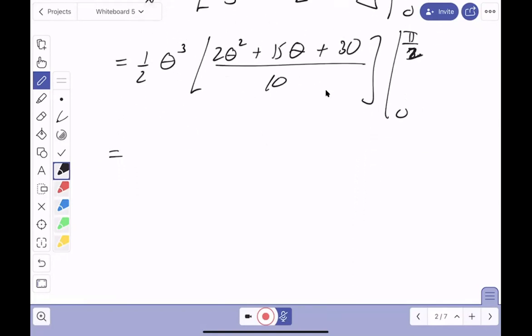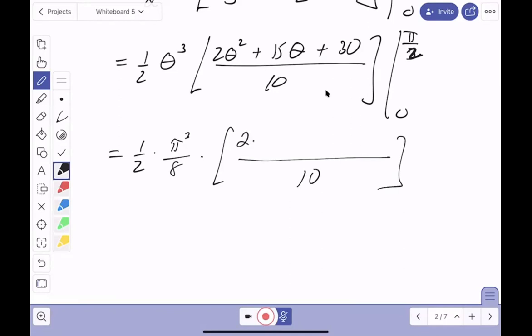And we get what? 1/2. Well, pi over 2 cubed is going to be pi cubed over 8. I'm going to keep working through this. Yes, arithmetic is important. If you can't do it, walk away. That's going to be 2 times pi squared over 4 plus 15 pi over 2 plus 30.